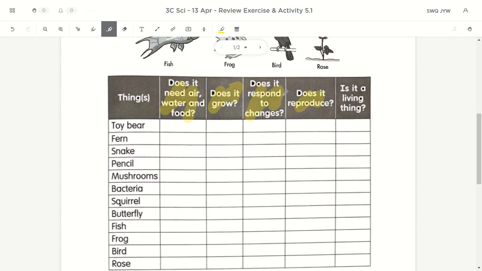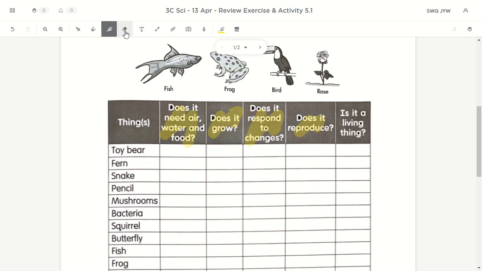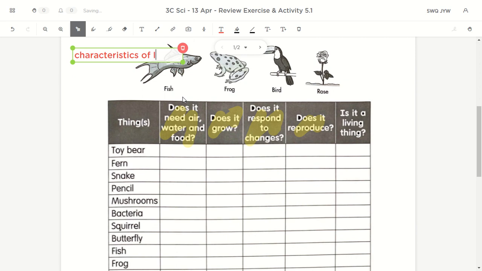Does it respond to change? Does it reproduce? These are all the characteristics of living things. Let's write it down here. These are what we have learned in term 1, the characteristics of living things. And all living things have all these four characteristics.